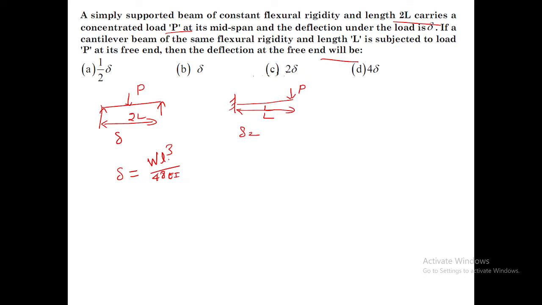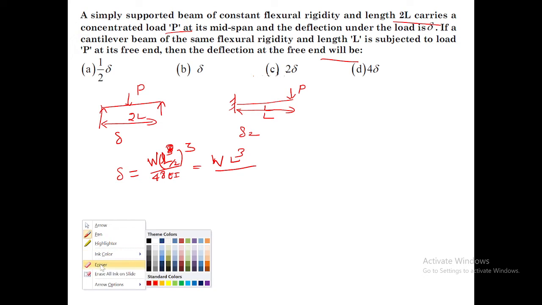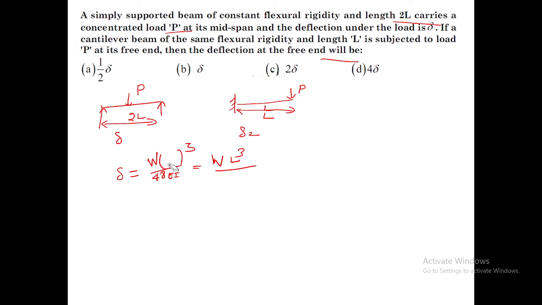This is for length L, so for 2L we take 2L cubed, which is 8 L cube, divided by 48 EI.